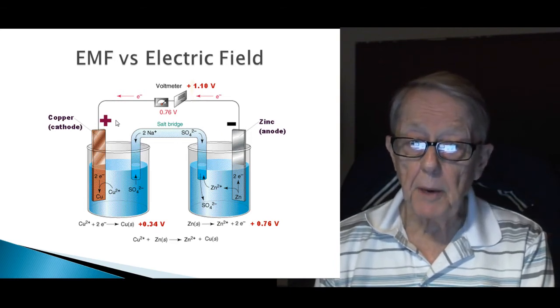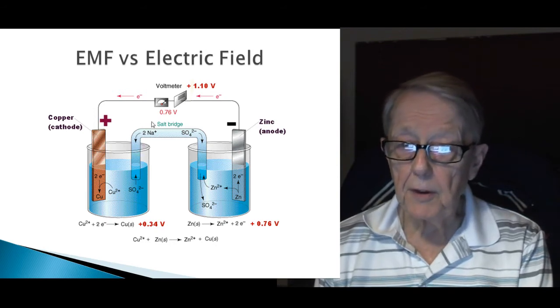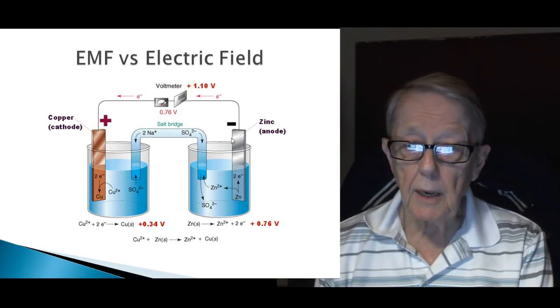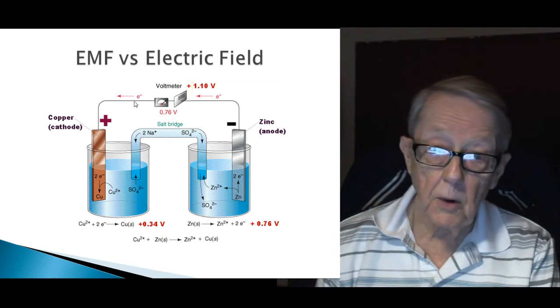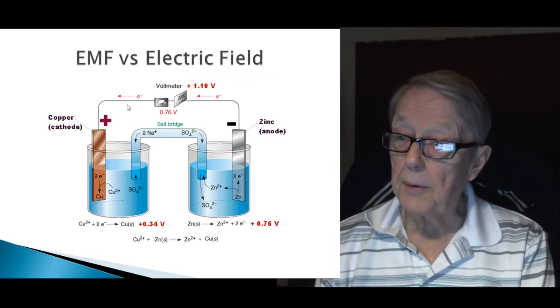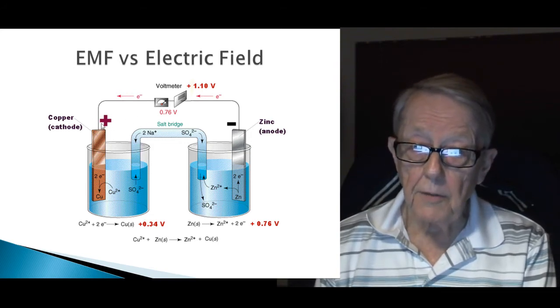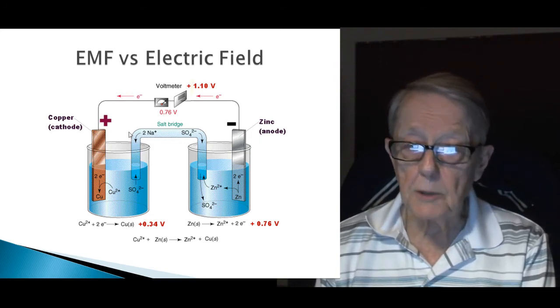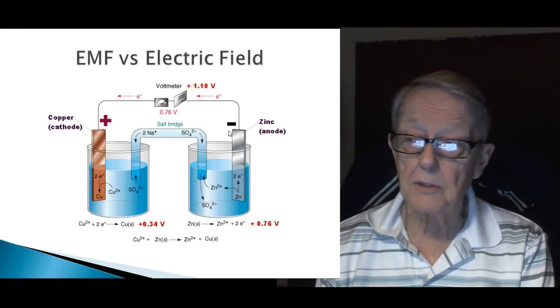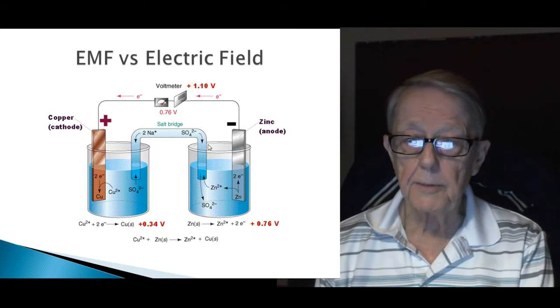But if you think about that, the electric field is pushing this way, but the electrons are going that way. It doesn't work for a battery. That concept doesn't work. It may work for individual charges, things that are charged plus and minus, like in electrostatics, but it doesn't work here.